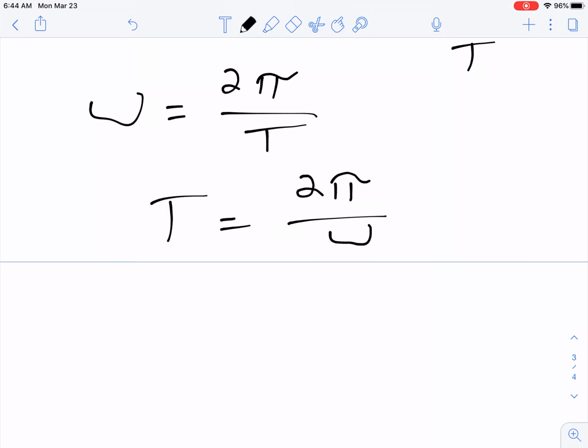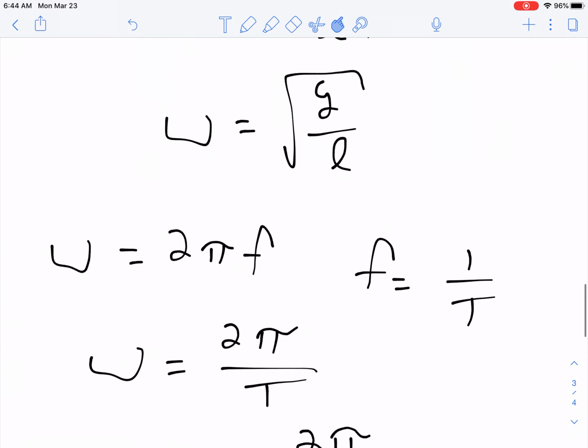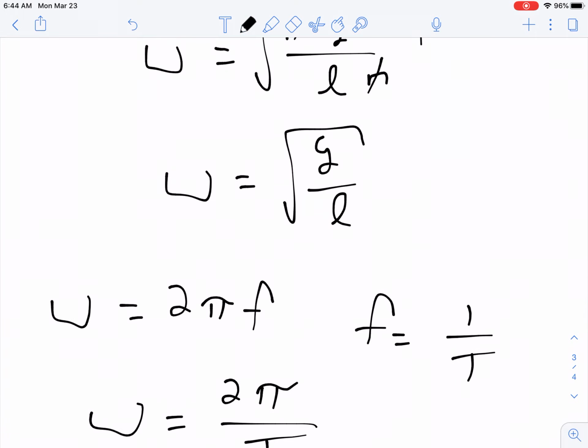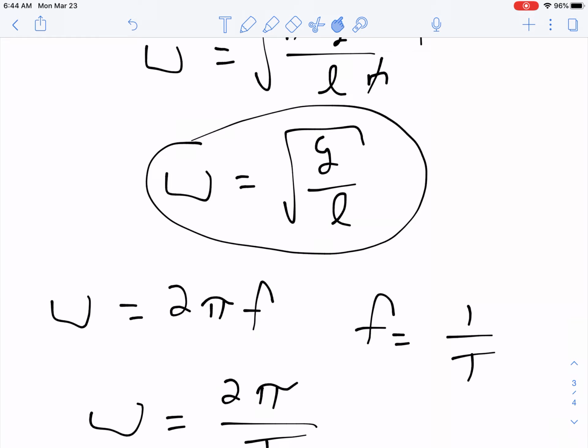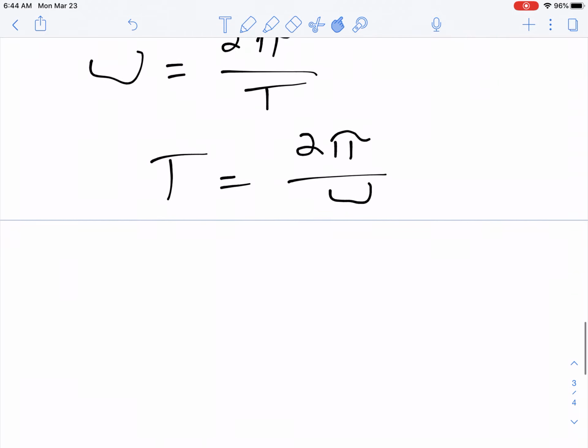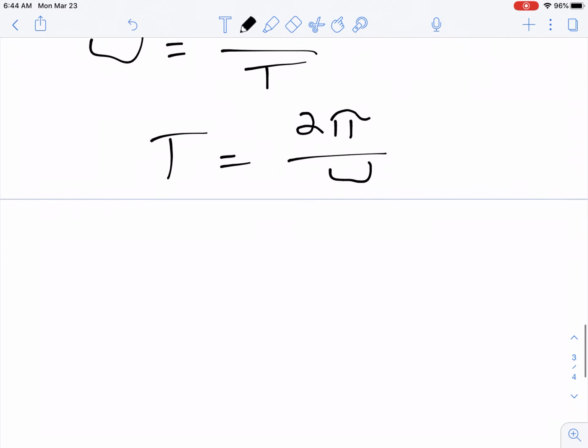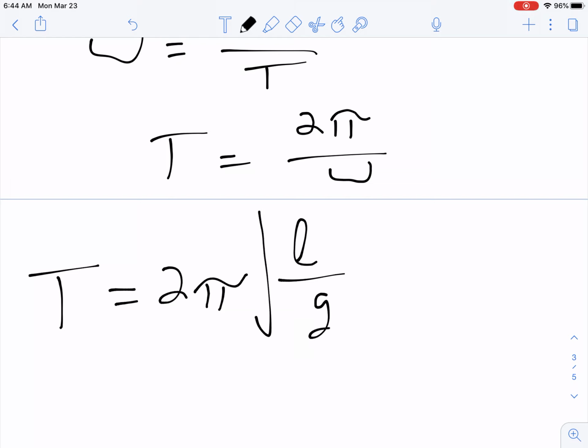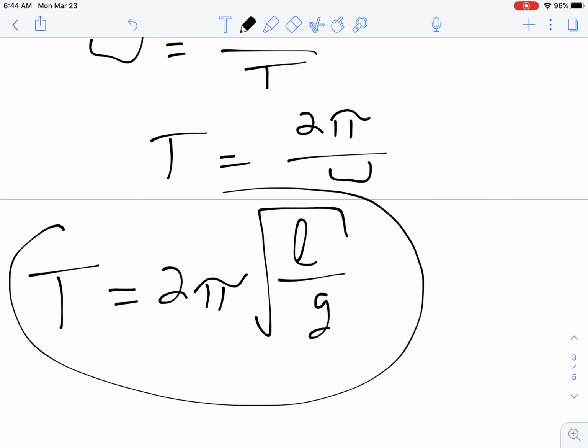And omega, we just learned, for a pendulum is this. So for a pendulum, omega is the square root of g over L, and the period is 2 pi times the inverse of that. This gives us the period of a pendulum.